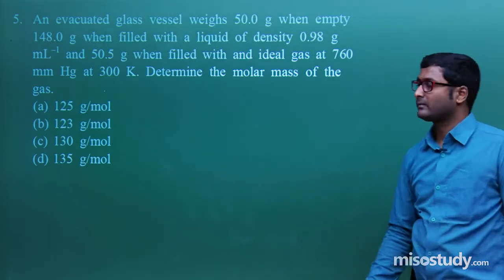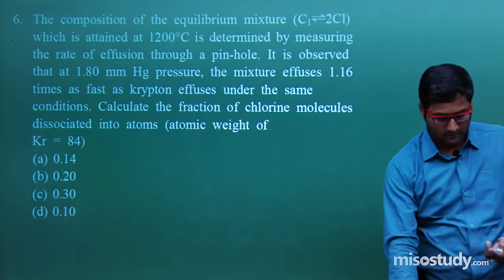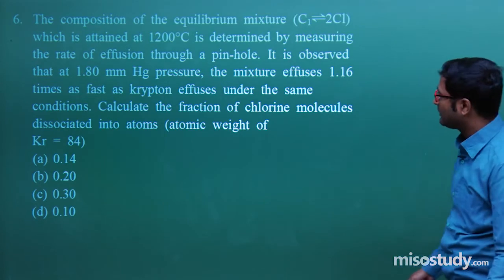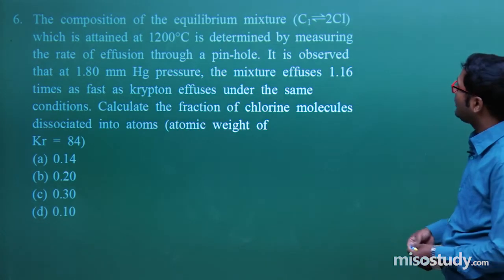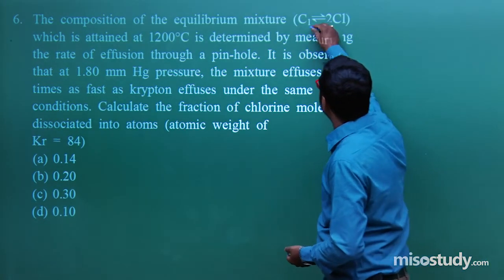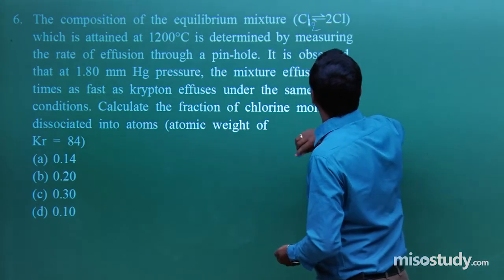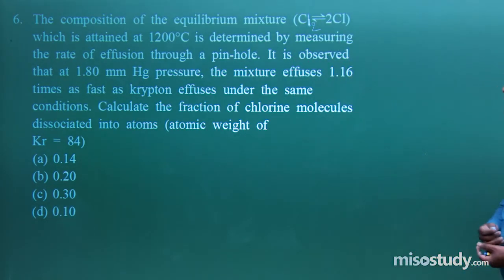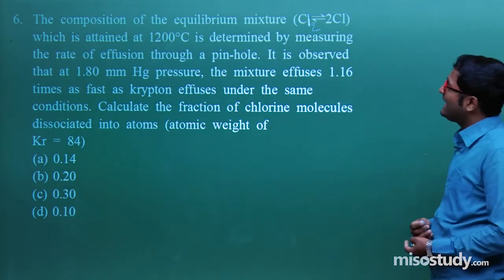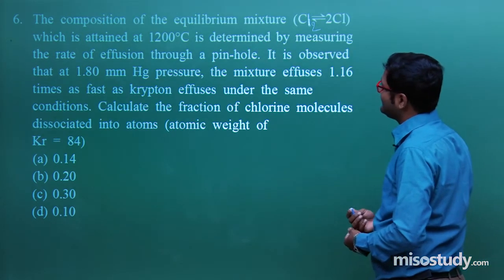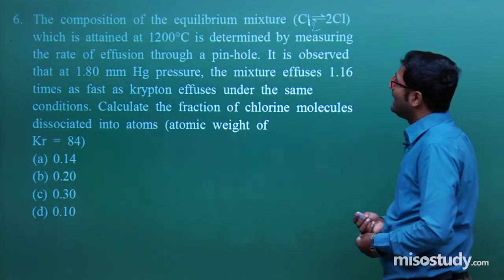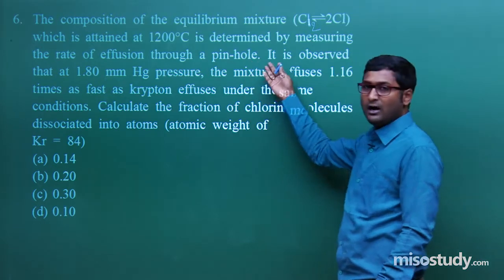Now let's move to question number 6. Check it out, what will happen. The composition of the equilibrium, this one is Cl2. Clear to you? The composition of the equilibrium mixture which is attained at 1200 degrees Celsius is determined by measuring the rate of effusion through a pinhole.